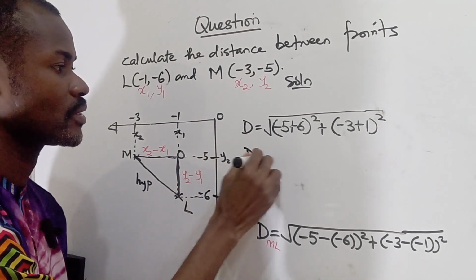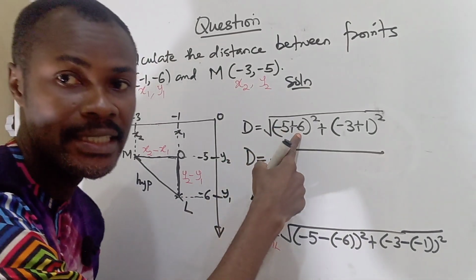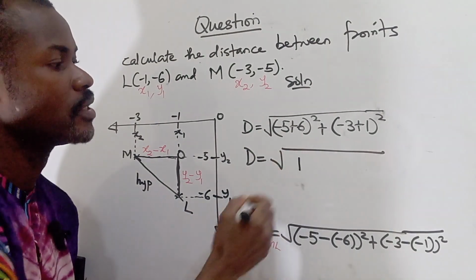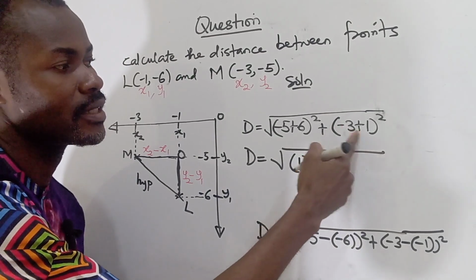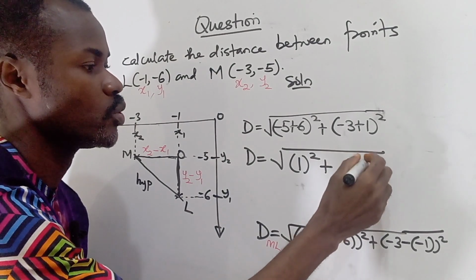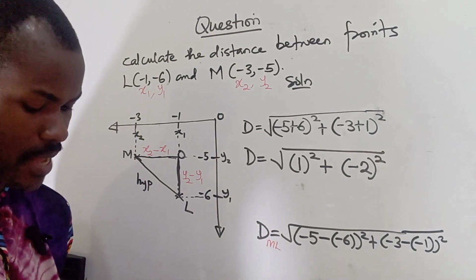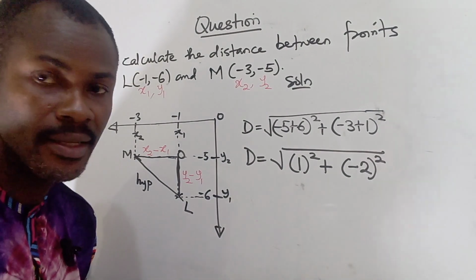So our distance is going to be, minus 5 plus 6 is going to give us 1, all in bracket squared, plus minus 3 plus 1 is going to give us minus 2 squared. So from that, we can now finish up and get our answer.